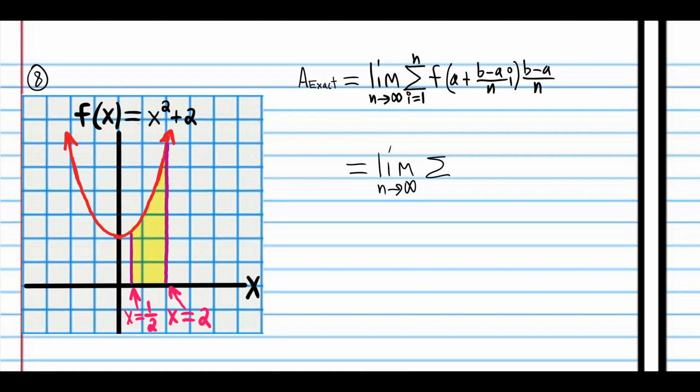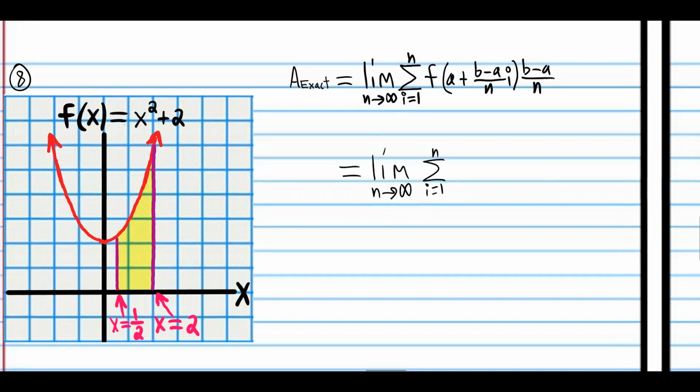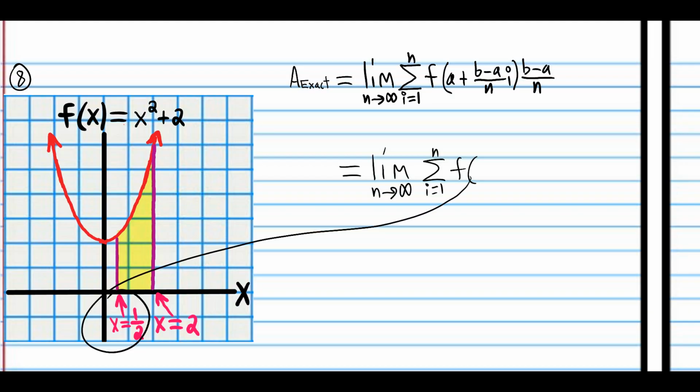So let's find the exact area, and now we actually need this formula because now we have a curve. We can't use triangles and rectangles. Well, technically we're going to be using rectangles to estimate, but we don't know what the area would be. So the left bound is 1/2.